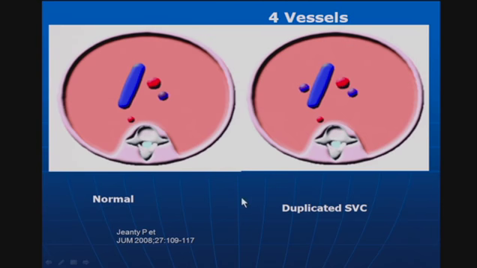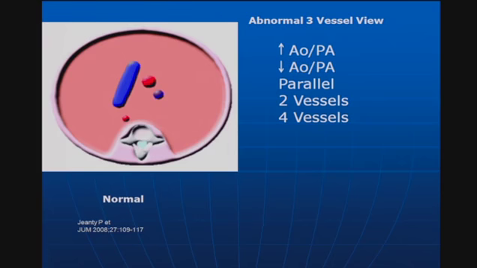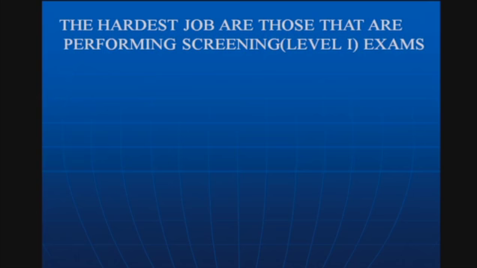Four vessels you can see, and usually that's with some complex anomaly, including duplicated SVC, and in this case there was duplicated SVC. You see this, plus there are other abnormalities of the heart. So you can look at all these. Is the aorta bigger than the pulmonary artery? Is the aorta smaller, the pulmonary artery bigger? Are the vessels parallel? In these three vessel views, are there two vessels? Are there four vessels? Exactly what's happening.